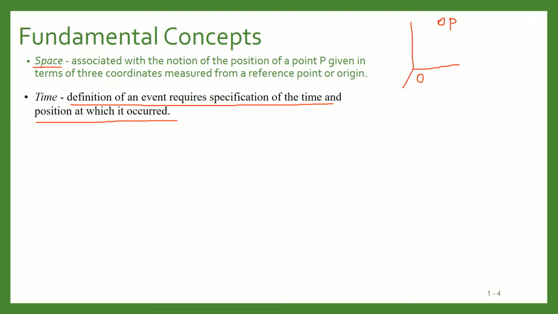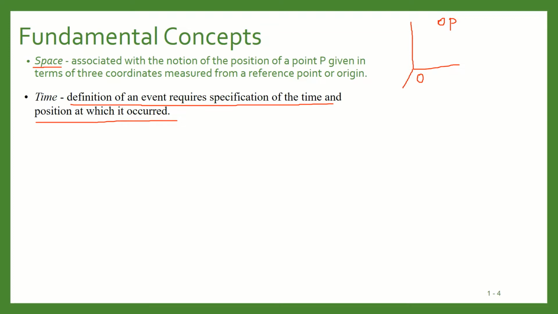So if you are studying a rigid body that is moving, then you need to know that at a particular time, whether it is moving, whether it is fixed, whether it is in the state of rest or in the state of motion, and after a certain period of time, what is the position of the body. So you need to specify those things.